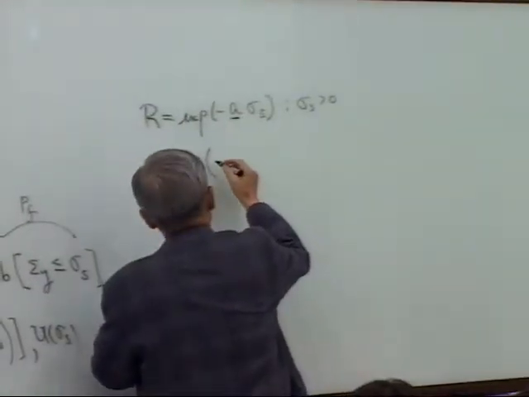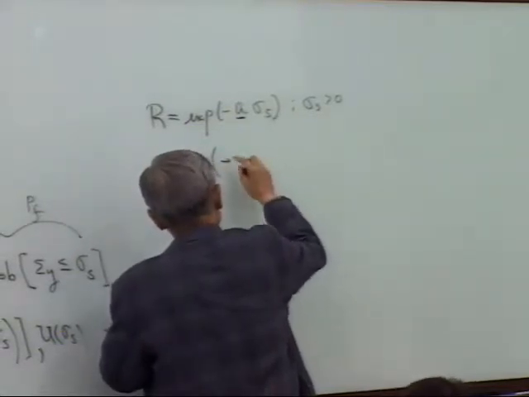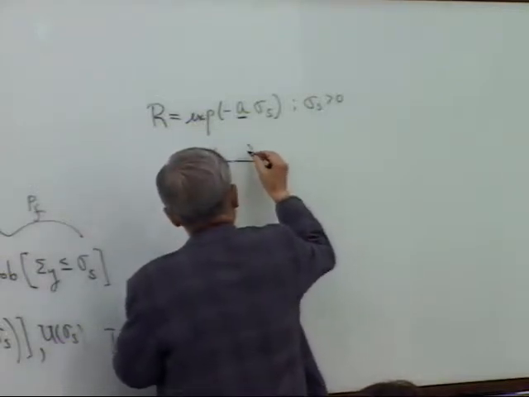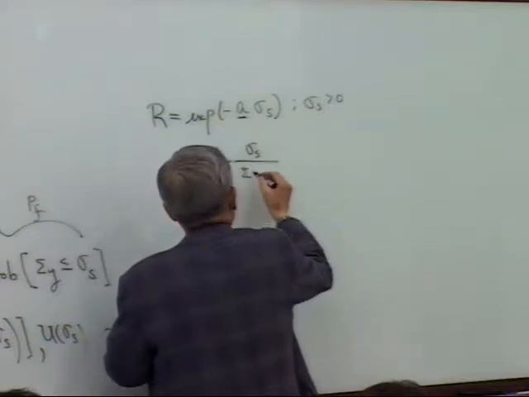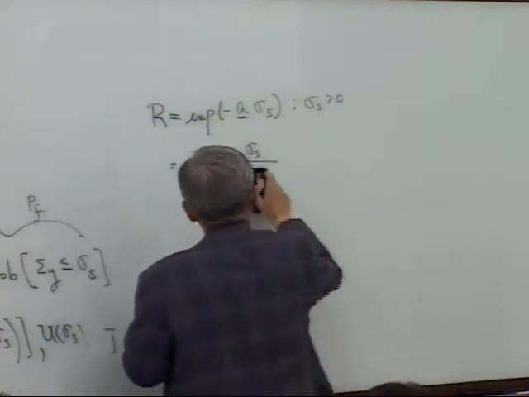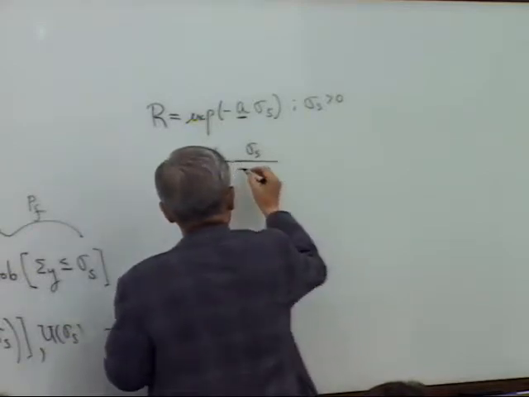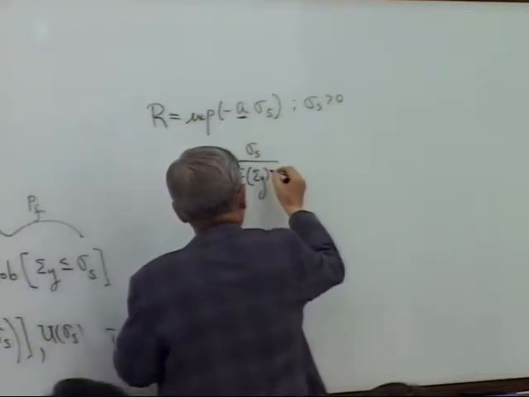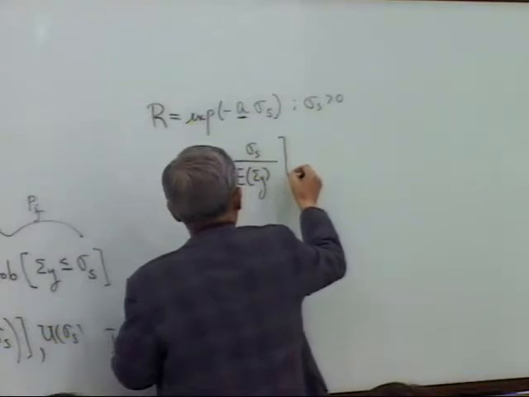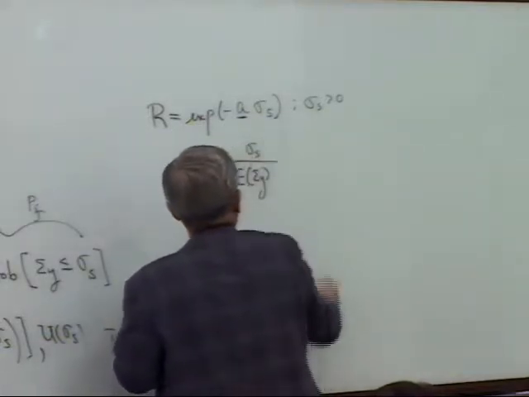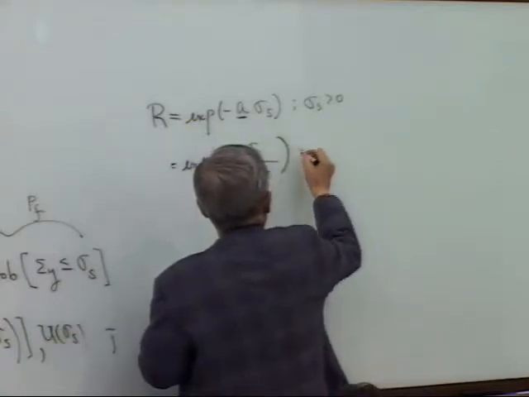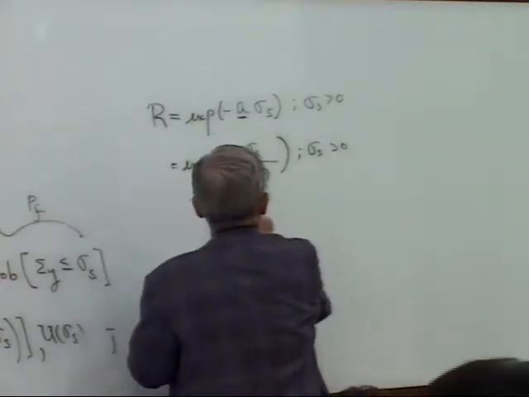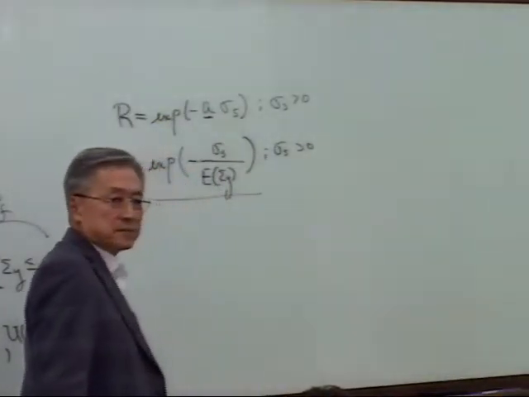So you can re-express this as exp of minus sigma s over the mean of sigma y. So this is for the reliability.